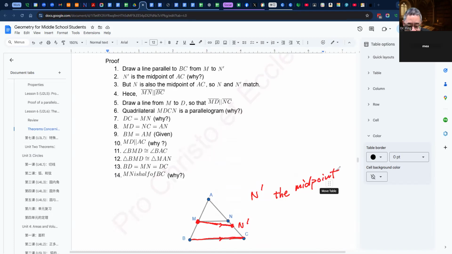And we also know N is the midpoint. That's the given. So therefore N and N prime have to match. Basically they are on the same point.